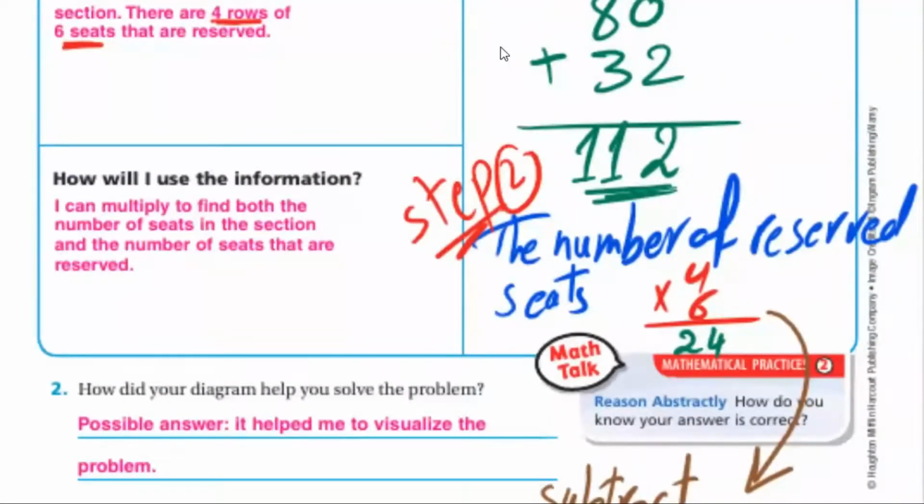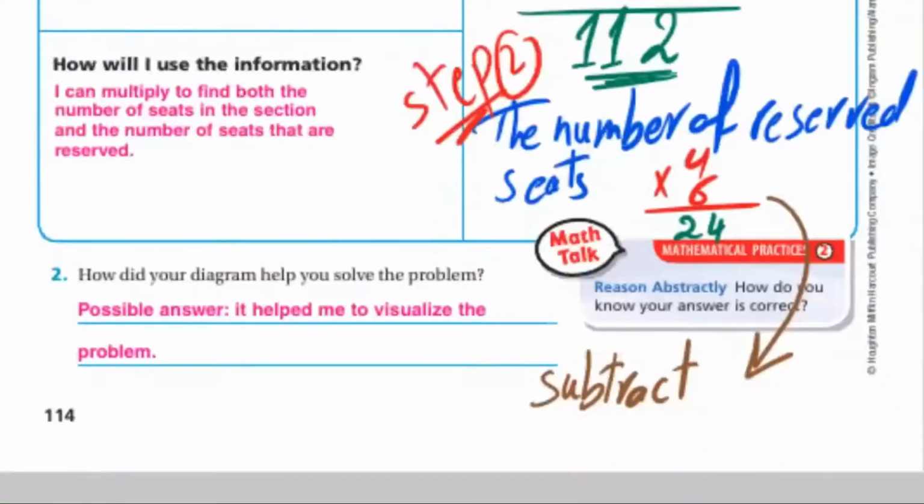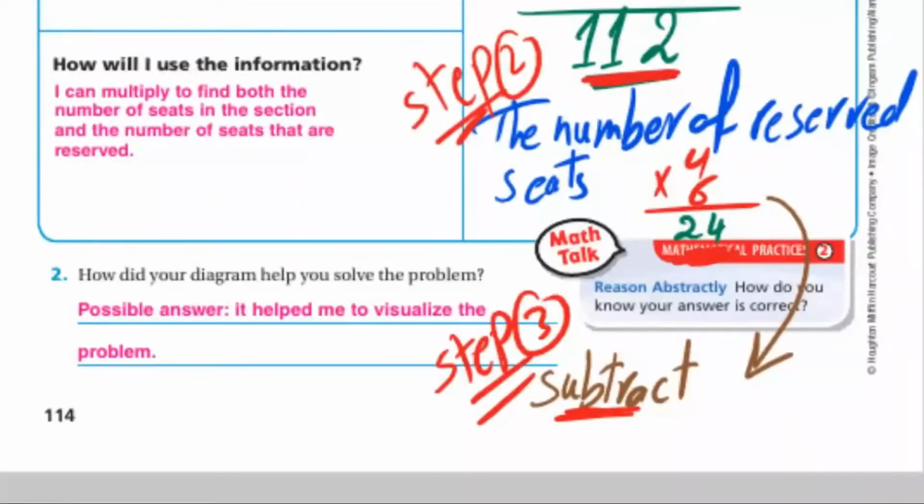Step 3, let's subtract to get the number of seats that are not reserved. So you have to subtract 24 from what? 112. Thank you very much, Amir.